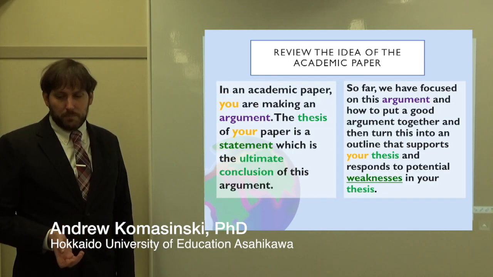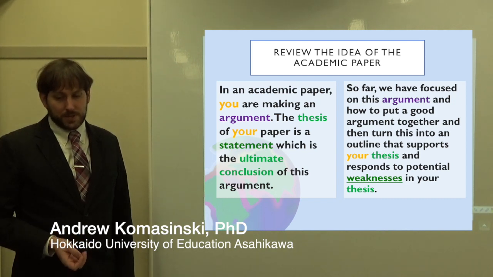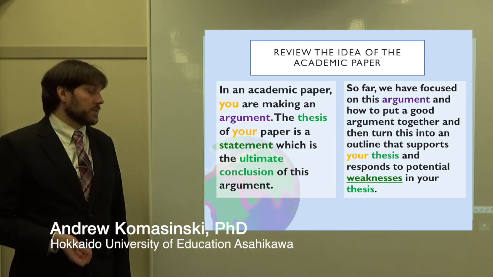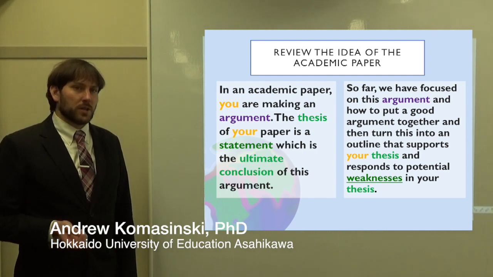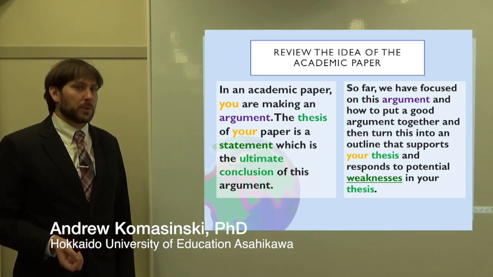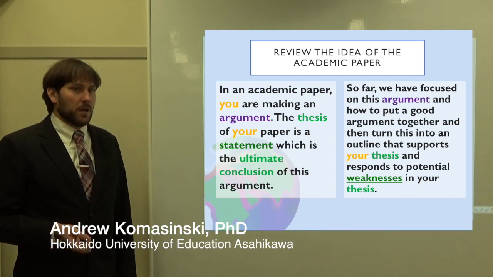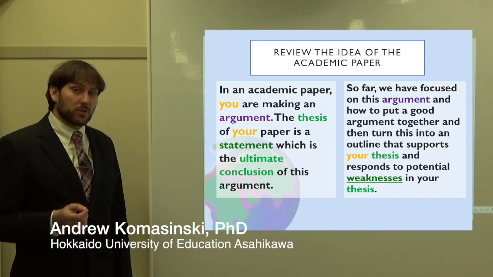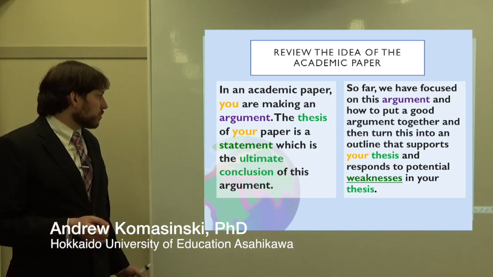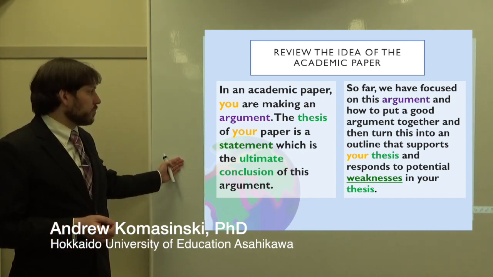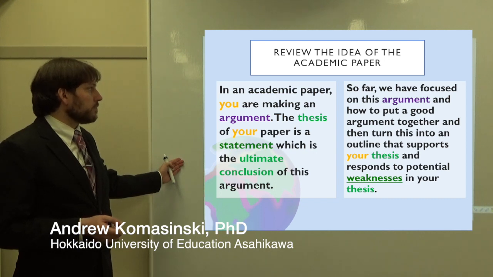So in an academic paper, you are making an argument. The thesis of your paper is a statement, which is the ultimate conclusion of this argument. So if there's one thing that you have learned from this class, I hope you've learned that every academic paper is a type of argument. And every time you make an argument, it should have a certain sort of logical flow, and it should be working towards the conclusion, which comes at the end of your argument.